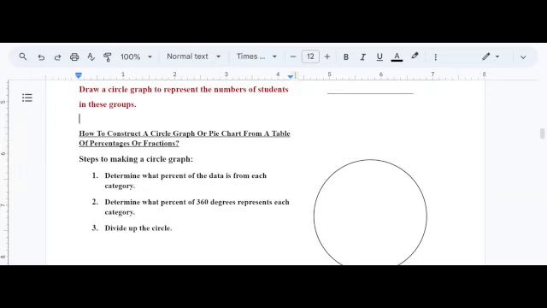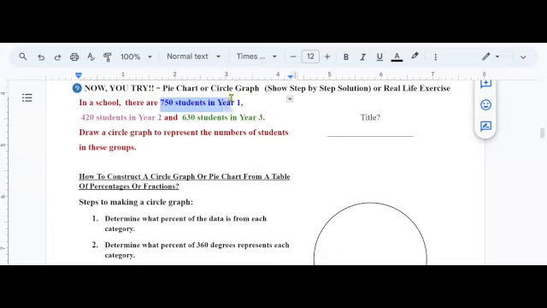Okay, how many total students? That's the first year. Second year 420, and the third year. Okay, so what's the total? Write the total down.